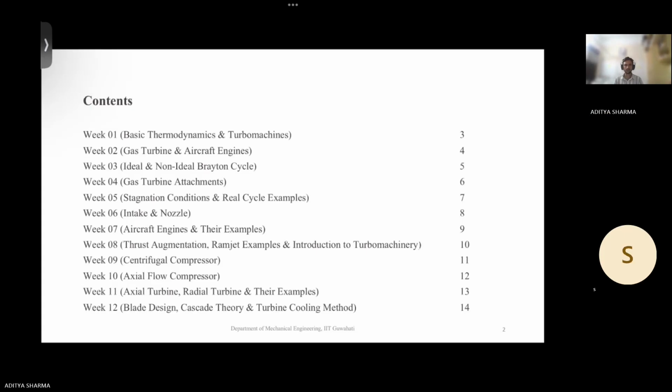Each week's theme has been mentioned. Initially, we were introduced to gas turbine engines and the aircraft engines. Then we studied the Brayton cycle.